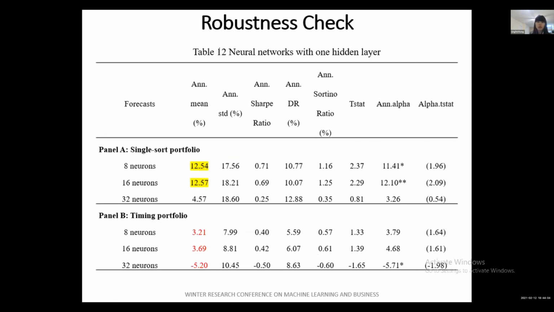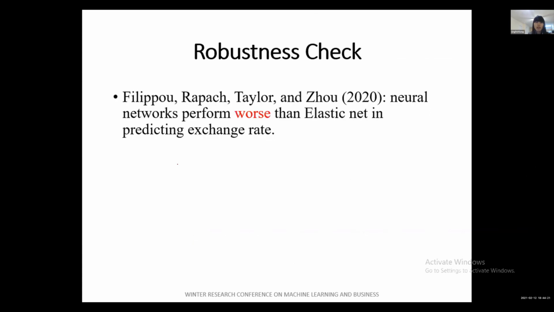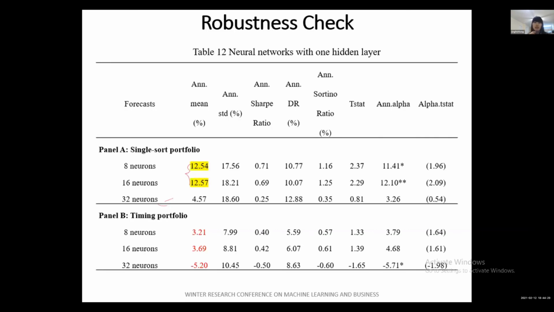Similarly, in table 12, when we use neural networks, the single sort portfolios with few neurons perform well, but not the timing portfolio or single sort with more neurons. The results in table 11 and table 12 show that these more complex models perform worse than Lasso, indicating that non-linearity does not exist in our data.